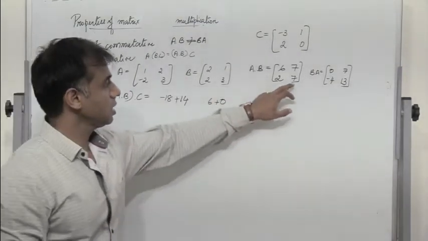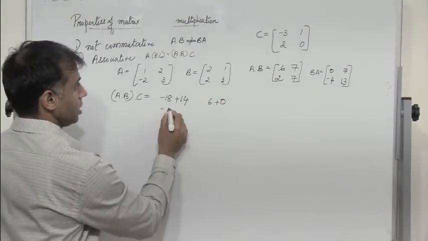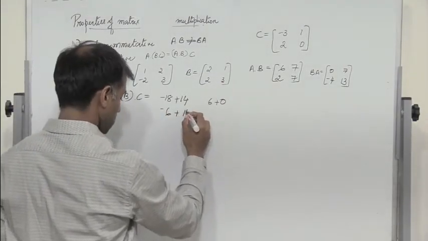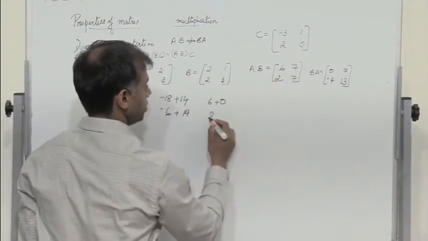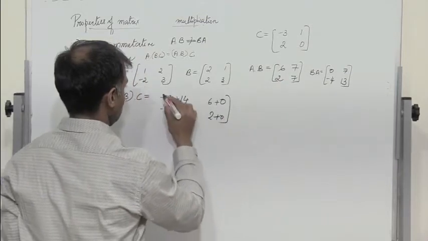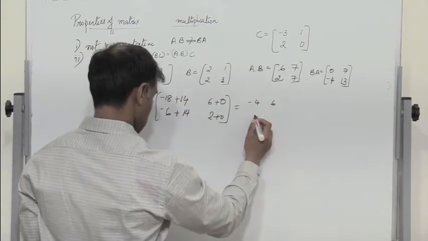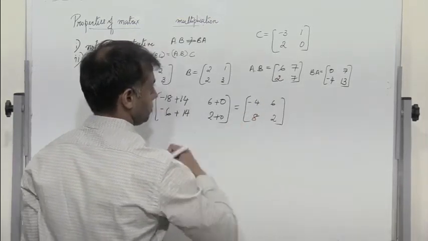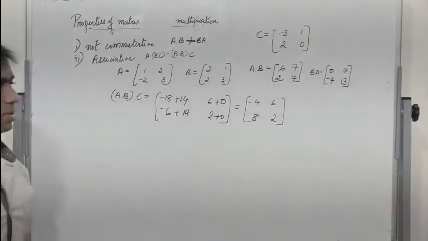Next, second row into first column. 2 into minus 3 is minus 6, and then 7 into 2 is plus 14. Next, second row into second column, 2 into 1 plus 0. So we end up getting minus 4, 6, and then you have 8 and 2. Right? So this is (A into B) into C.